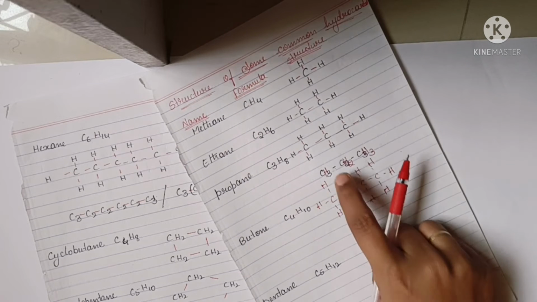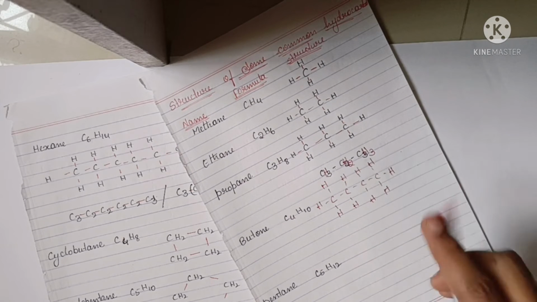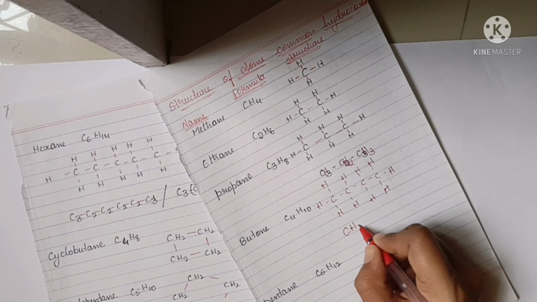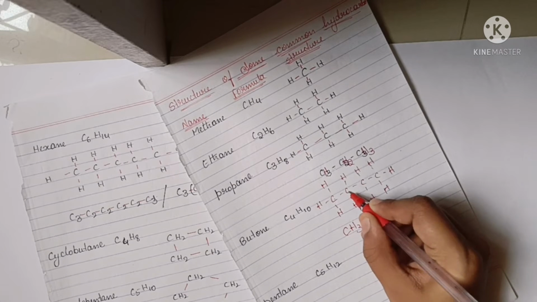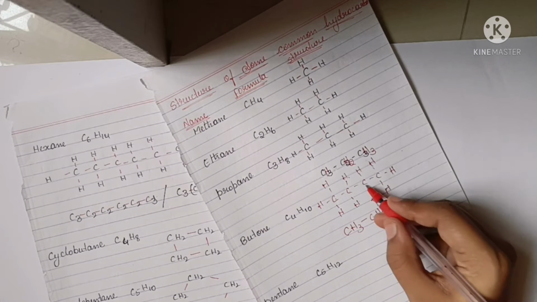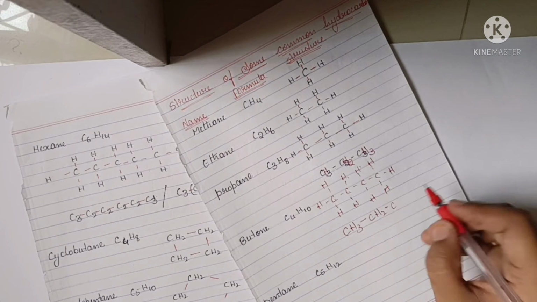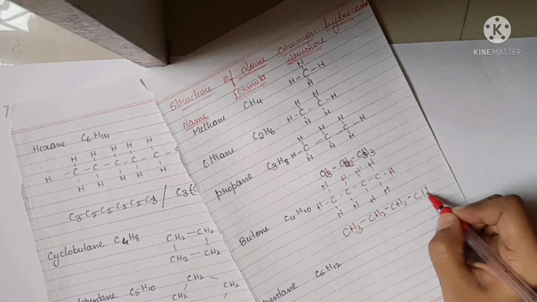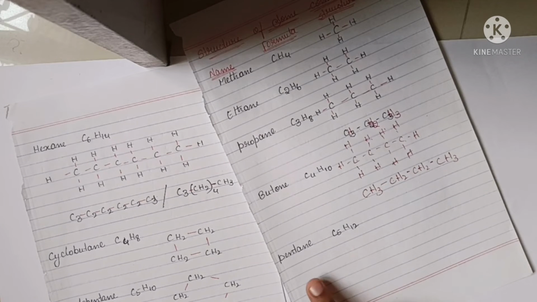And the next one, how are we going to write this butane in this form? We write CH3 bond CH2, CH2 and CH3.